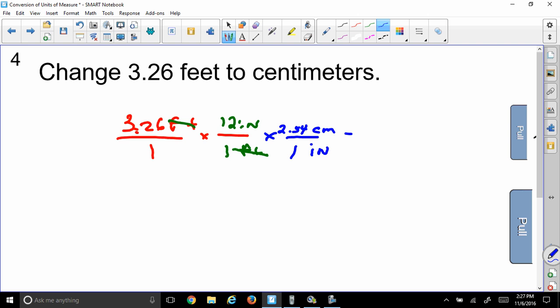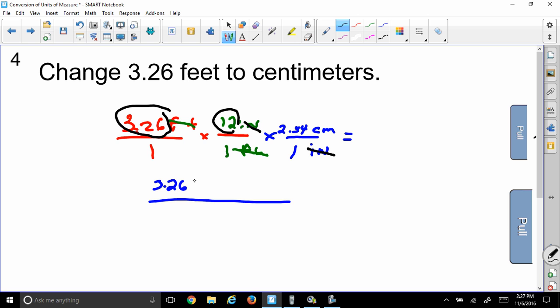So now what we have on our top, we got 3.26. So we got this here, and we got the 12, and we want to know that we canceled out inches, so inches is gone. So we got to multiply the 12.